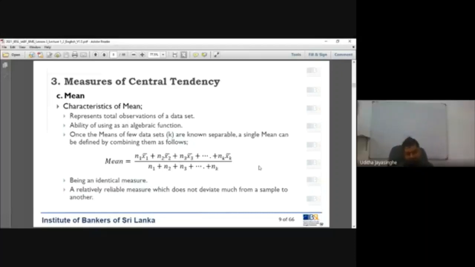Being an identical measure again, it's a unique measure, similar to the median we discussed. It's a unique measure. A relatively reliable measure, the last bullet point, which does not deviate much from one sample to another sample. What do you mean by this?